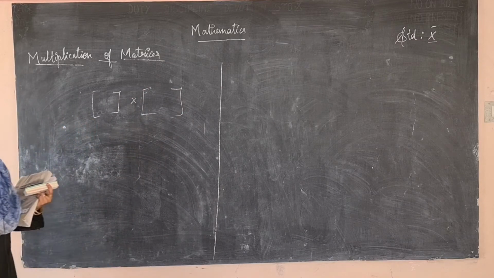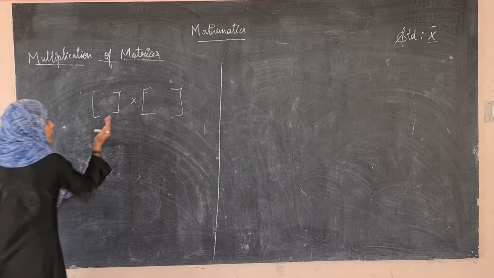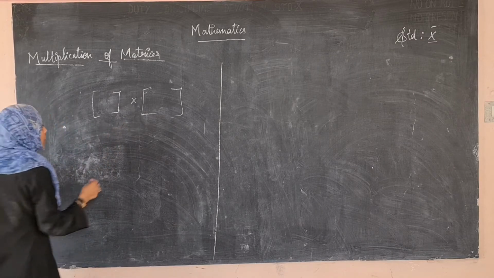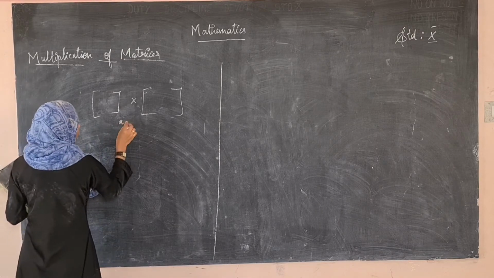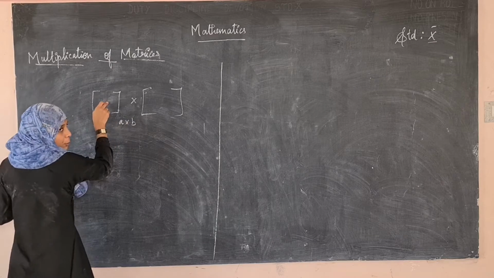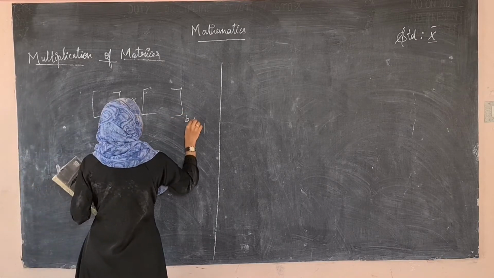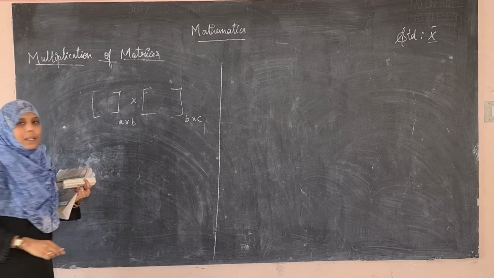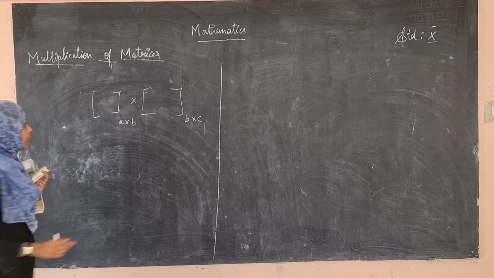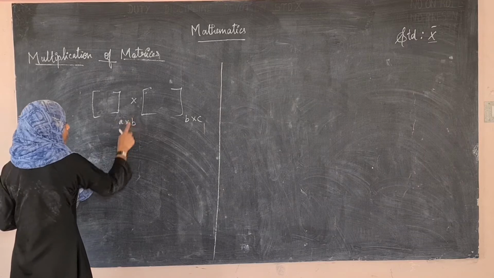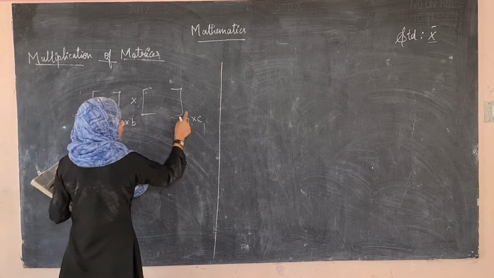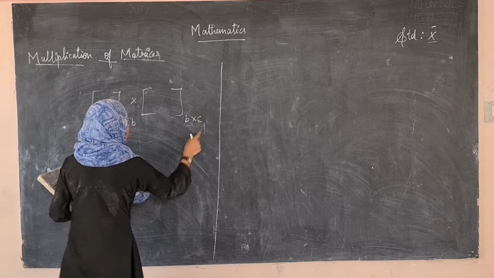Okay, we are going to multiply two matrices, but this is possible with one condition. See here, if this matrix is of order A cross B and this matrix is of order B cross C only, the multiplication of matrices is possible. That is, this is the number of rows and this is the number of columns.